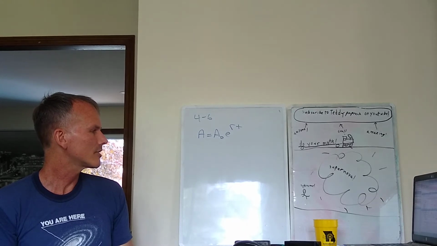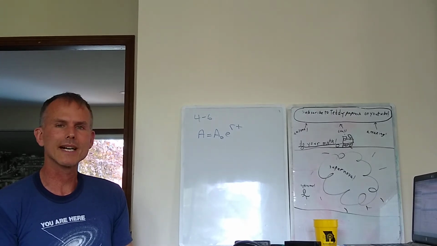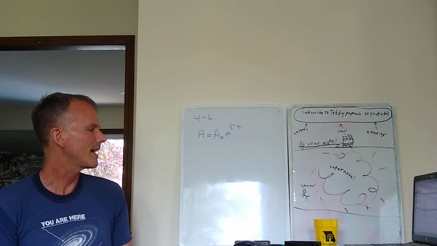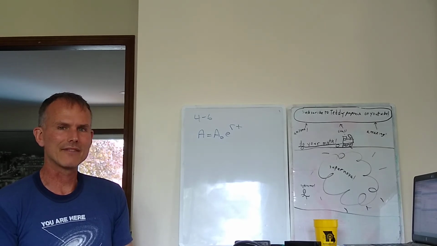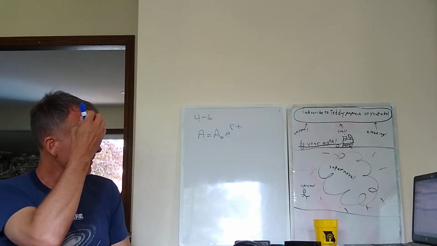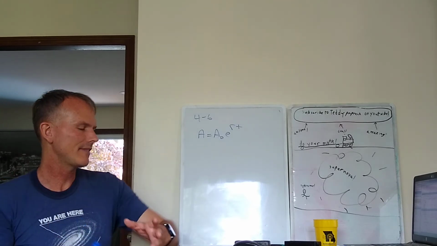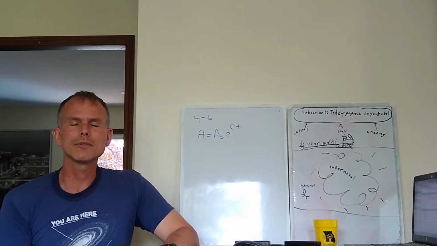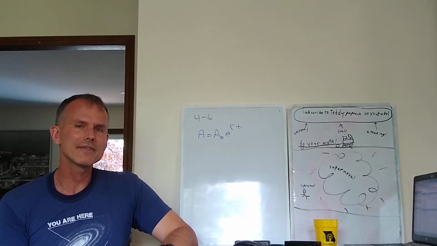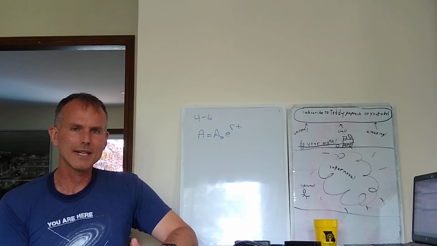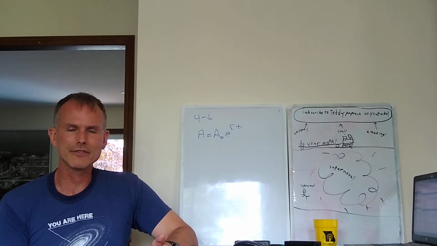So I'm reading this. It says 250 milligrams of a radioactive element decays to 190 milligrams in 12 hours. Find the half-life of the element. Most of you are either in chemistry or you've had chemistry in the past. Remember, half-life is the amount of time that it takes a radioactive element to decay to half of its original amount.